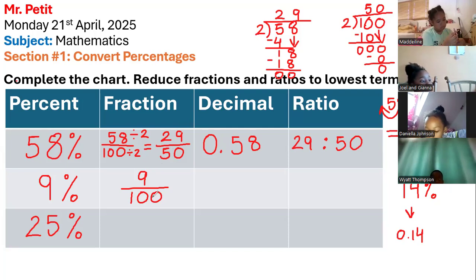Very good. Can we simplify this any further? No, we can't.